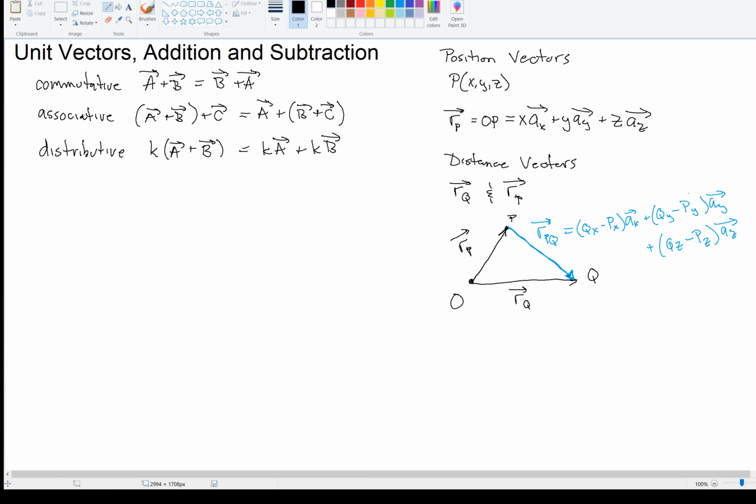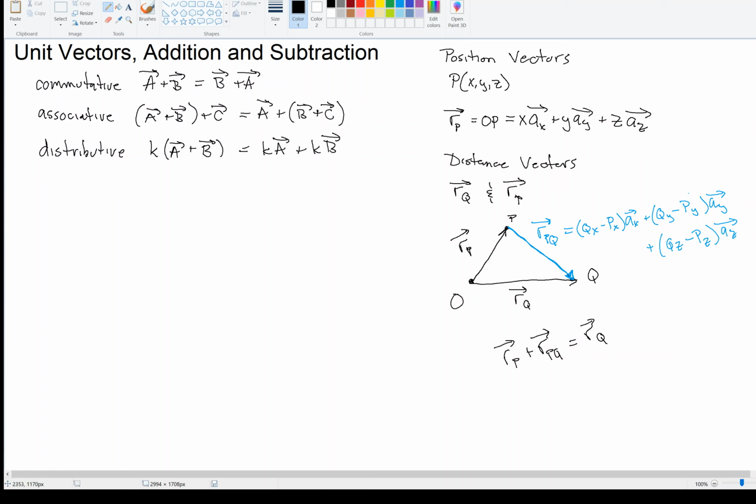Okay, so why is that? Well, that's this vector in blue. But if you notice, based on what we said with tip to tail and so forth, if I start at the origin and I move in the direction RP, now I'm here. Then if I add to that this vector RPQ, tip to tail, then that gives me vector RQ.